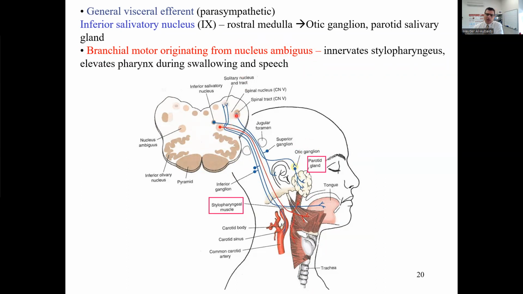This is called the nucleus ambiguus. Ambiguus means vague nucleus. It's a common motor nucleus for three cranial nerves: glossopharyngeal, vagus, and accessory. Through the nucleus ambiguus, the glossopharyngeal nerve innervates the stylopharyngeus muscle that elevates the pharynx during swallowing and speech. So it contributes to the process of swallowing and speech production.